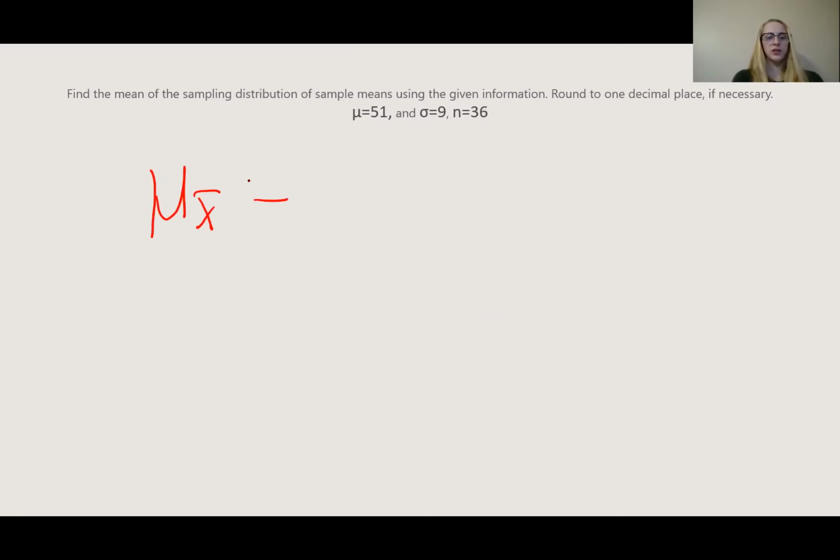So this is equal to just our population mean. Now, in this case, we're just given our mu. Mu is the Greek letter, by the way, in case you're not sure, that we're using for the mean.